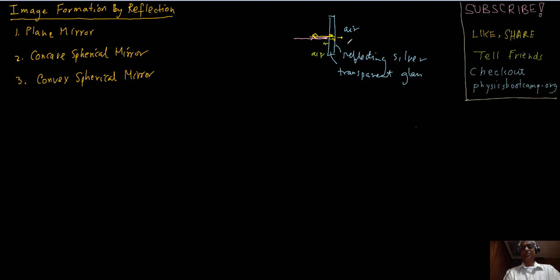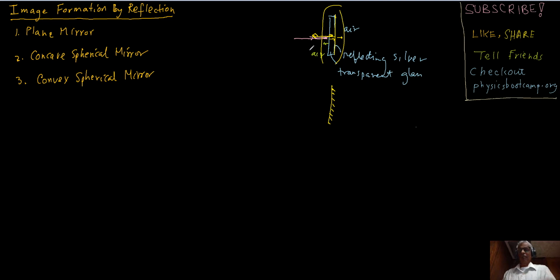But this is mostly what happens. When we talk about image formation, we don't go into this detail. This whole thing, we just represent the back end. This back end we represent like this, and the front end we just don't even bother.